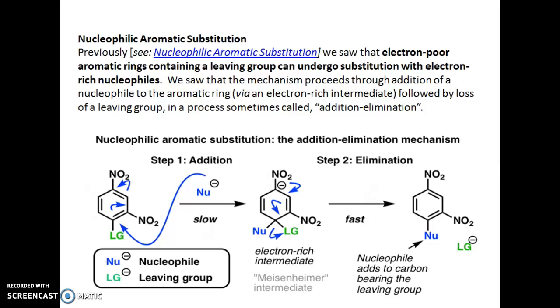Here, nucleophilic aromatic substitution by the addition elimination mechanism involves two steps. In the first step, we can see this is an electron poor aromatic ring, because there are two nitro groups.